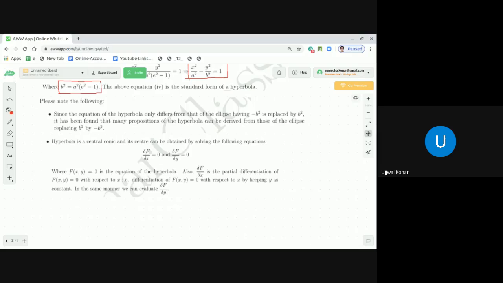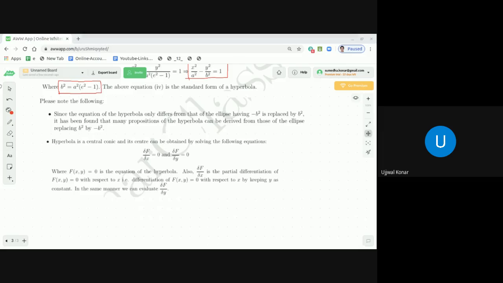That is delta f delta x equal to 0 and delta f delta y equal to 0, where capital F(x, y) equal to 0 is the equation of the hyperbola. And dear students, as I explained in the case of an ellipse, delta f delta x is the partial differentiation of f with respect to x, keeping y as a constant. That is what is called partial differentiation. So that is the second point.